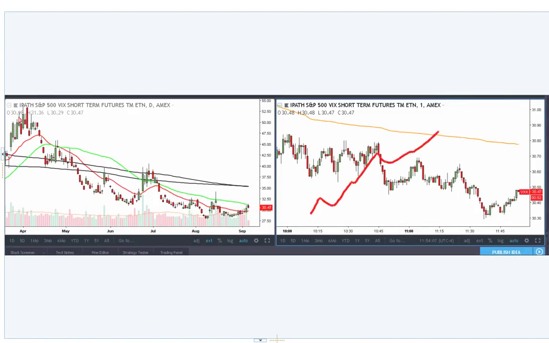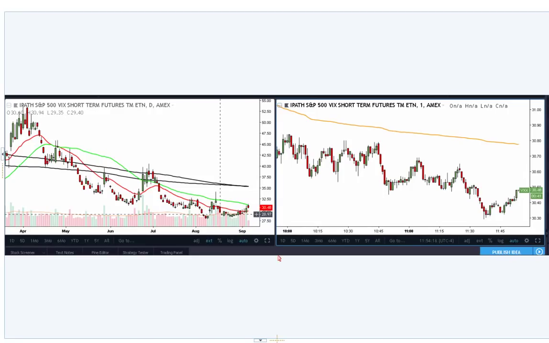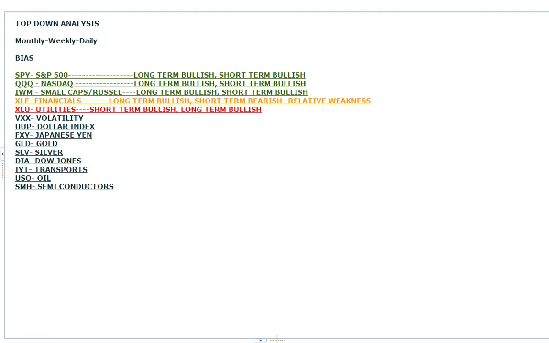And now the market started to put in a bull flag like this, little pullback, right? VIX is doing a bear flag, so totally opposite. So VIX doesn't really give me any indication right now, to be honest with you. So I'm just going to say neutral here.